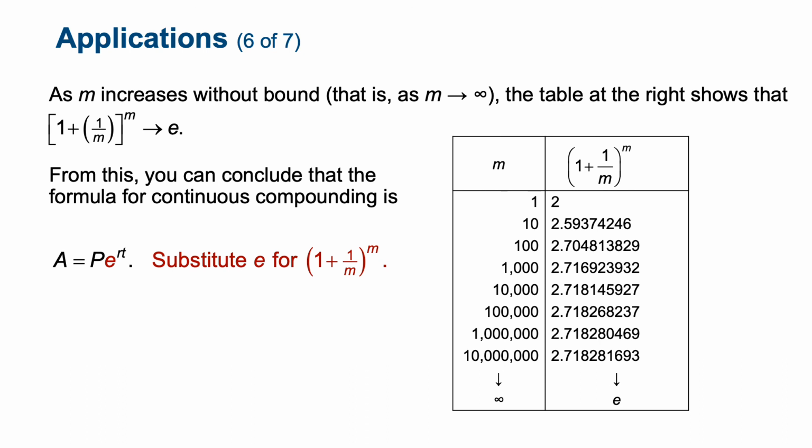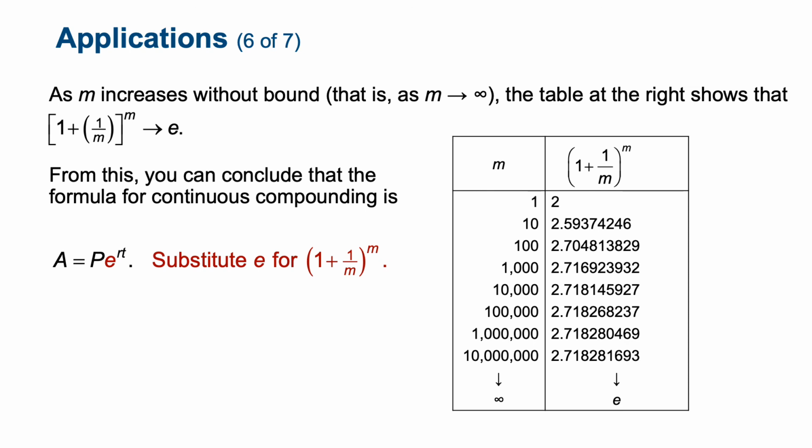See here the output, as m gets larger, it gets closer and closer. And if I take the limit, we haven't really talked about it, but as m goes to infinity, this quantity is going to approach the number e. So then we can rewrite this, and we get a new formula: A is equal to Pert, or Pert.